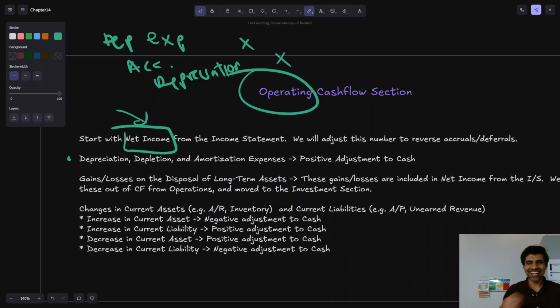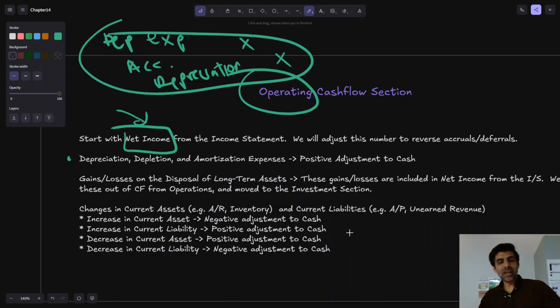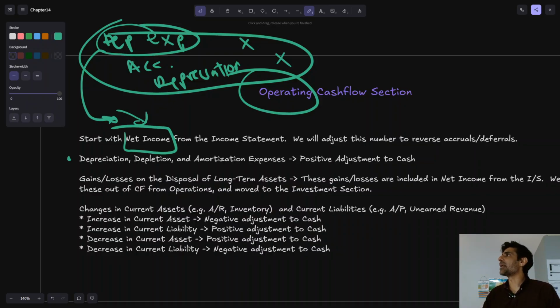Okay. All right. Okay. So there's no cash here, right? This journal entry is non-cash. This expense, of course, is in net income. It's part of that net income number, right? It was used to calculate net income. But since we're trying to get back to cash, we're going to do an adjustment to net income to account for that.